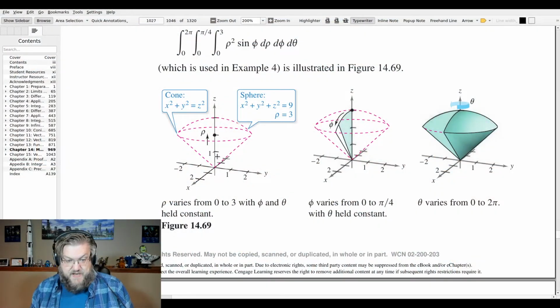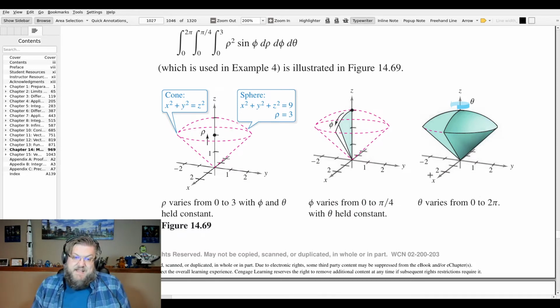So let's see this again. You think about going from zero, going out until you hit the spherical top. Then you vary phi, which means it's going to rotate this way. Remember, phi is the angle you make from the positive z-axis. So it starts to fill out this wedge shape right here. Then you vary theta to spin that wedge all the way around, generating the entire solid.